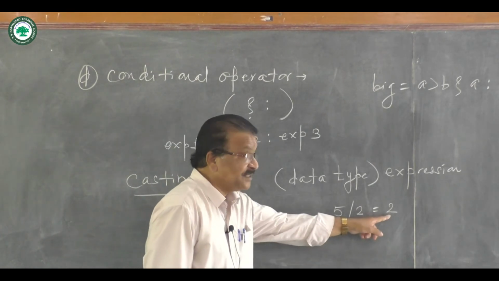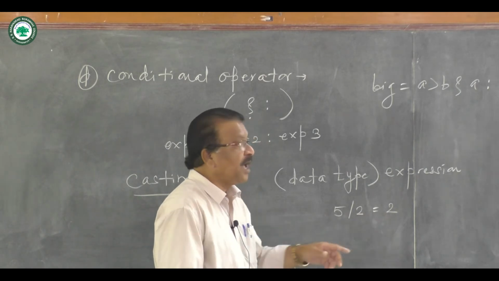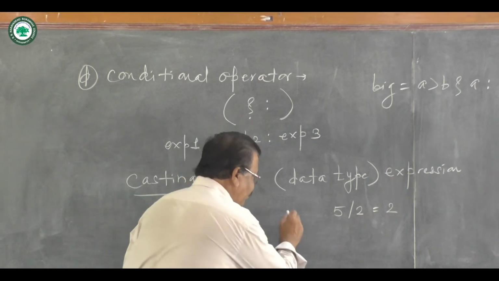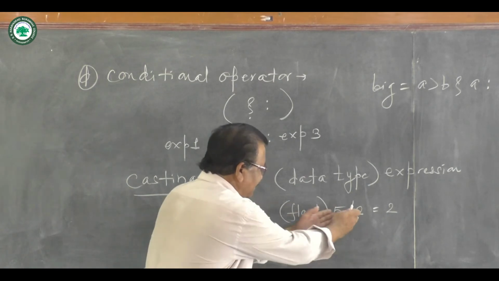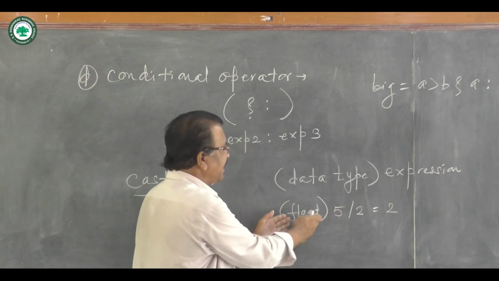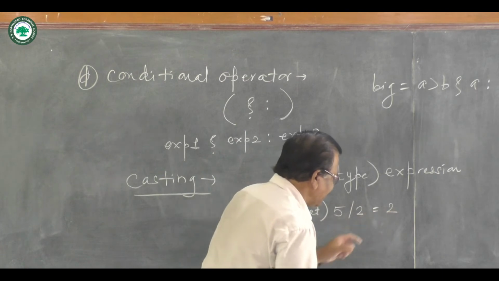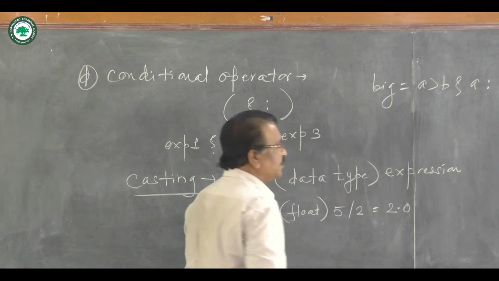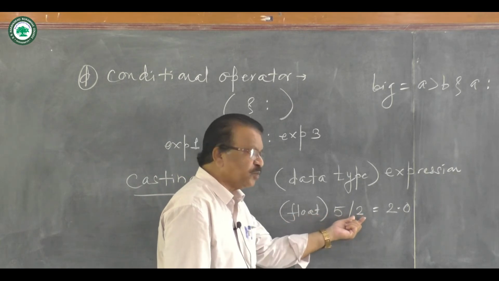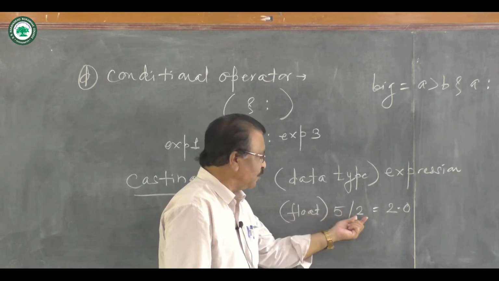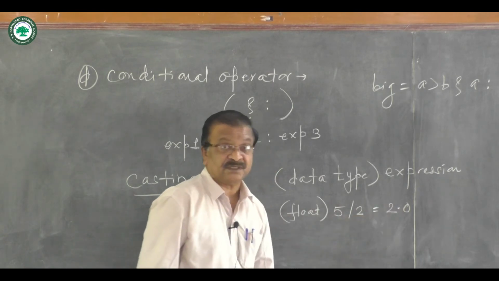So the data type of this value is integer. If I want to convert it into another data type such as float, then I will write float in parentheses preceding this expression. So this value will get converted into 2.0. Remember, by this float, neither 5 nor 2, neither numerator nor denominator, is changing its type. It is the value that undergoes the type conversion.